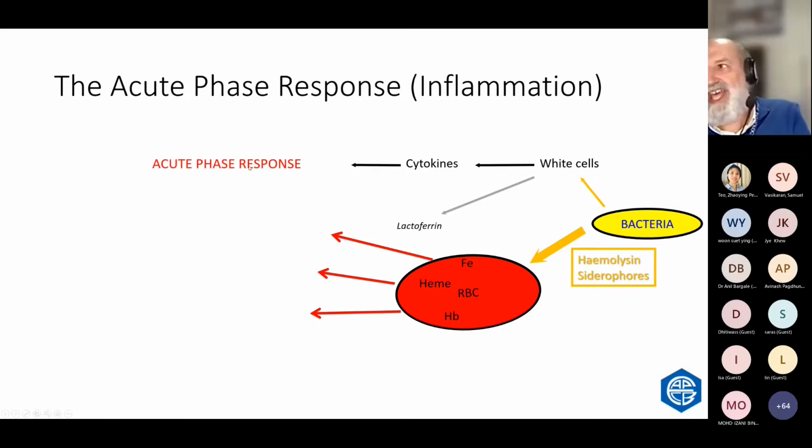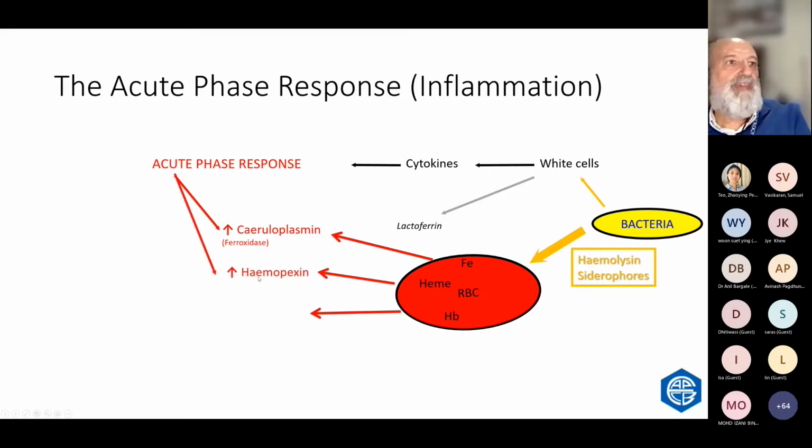Somebody's after our iron. And what the acute phase response does is increase proteins like ceruloplasmin. Ceruloplasmin is not a copper-carrying protein, it's a ferroxidase. Also hemopexin, which binds heme, and haptoglobin, which binds hemoglobin. So our defense is to release proteins which will bind all of those iron-containing elements.